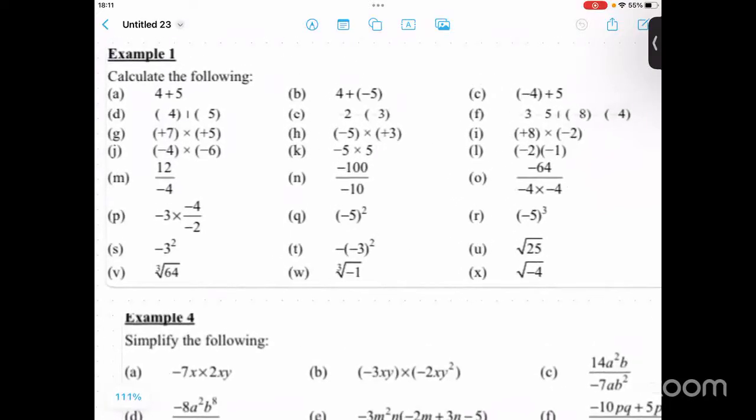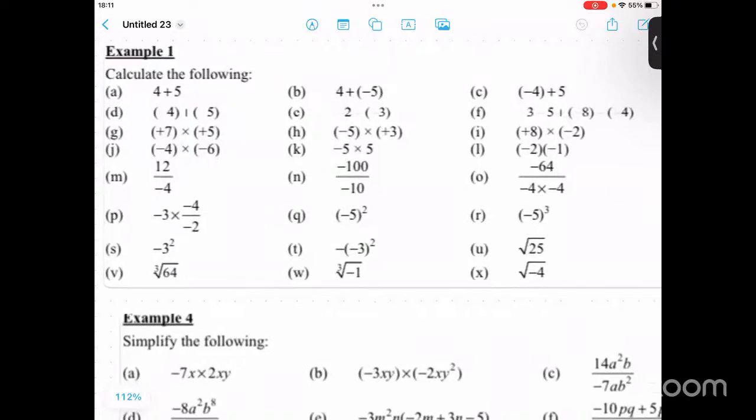Okay, are you guys able to see my screen? The one that I'm sharing. Yes. Perfect. So the first part, we're going to be calculating without the use of a calculator, né?